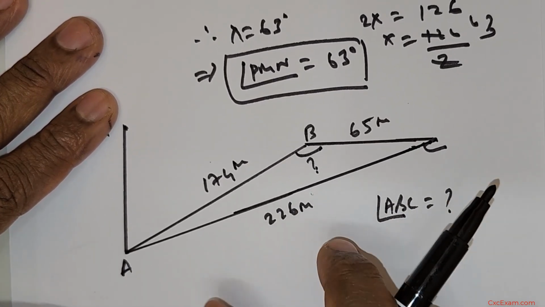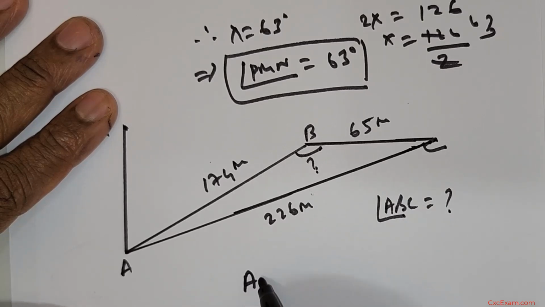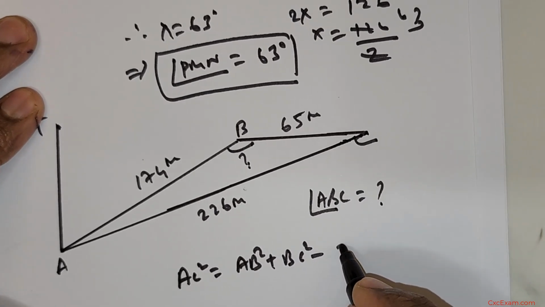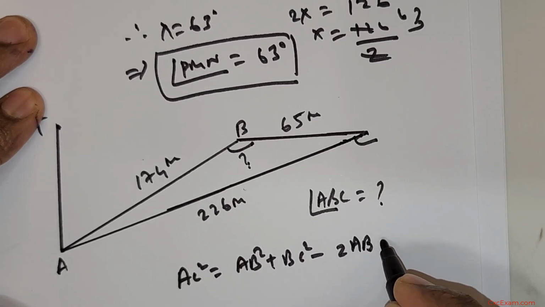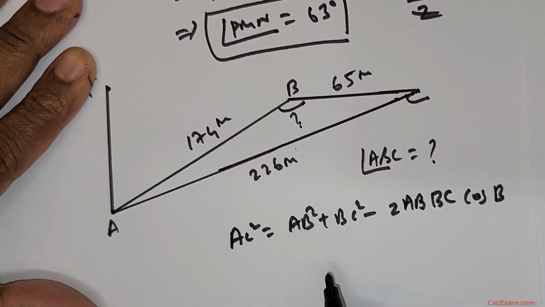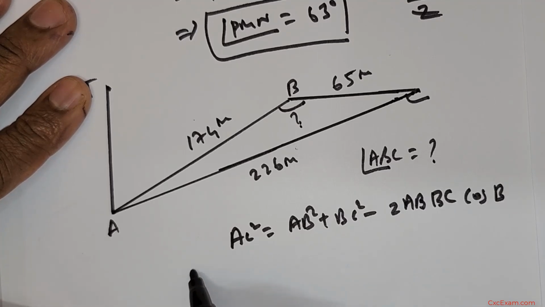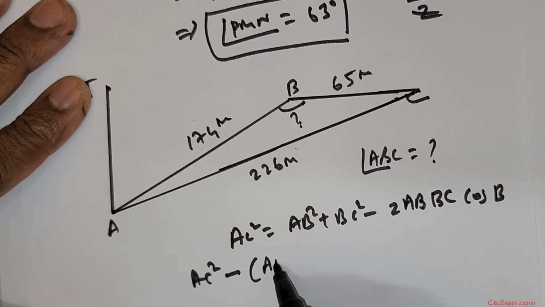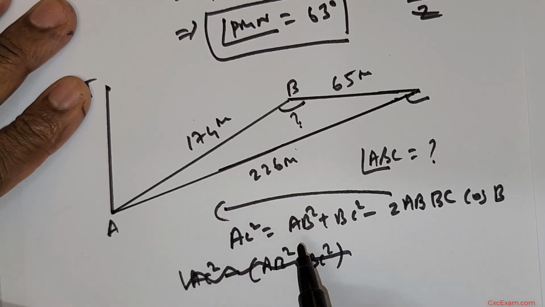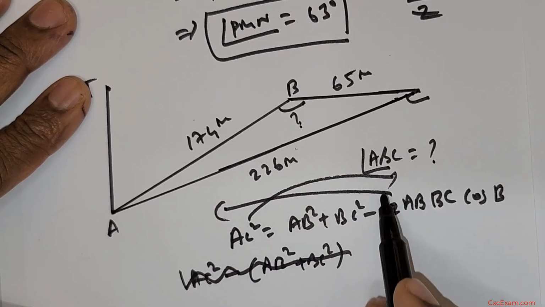Now I'm going to use this property. AC squared is equal to AB squared plus BC squared minus 2 times AB times BC times cos of angle B. In fact, instead of writing like this, let me move this to the left and this to the right.